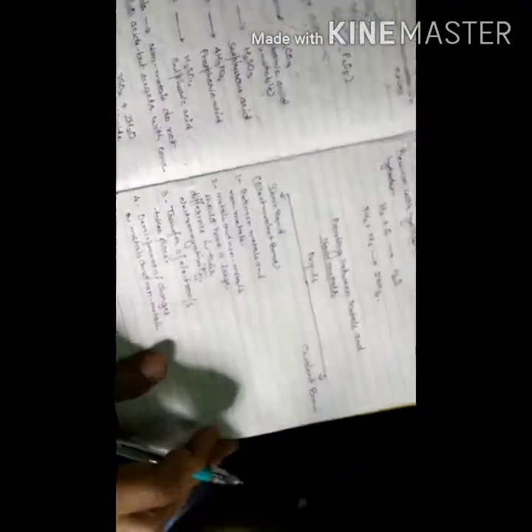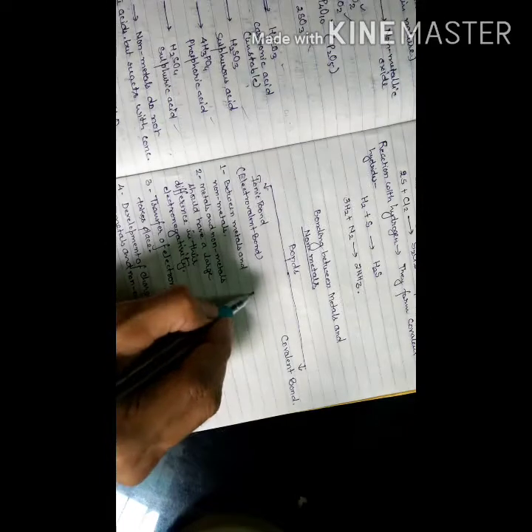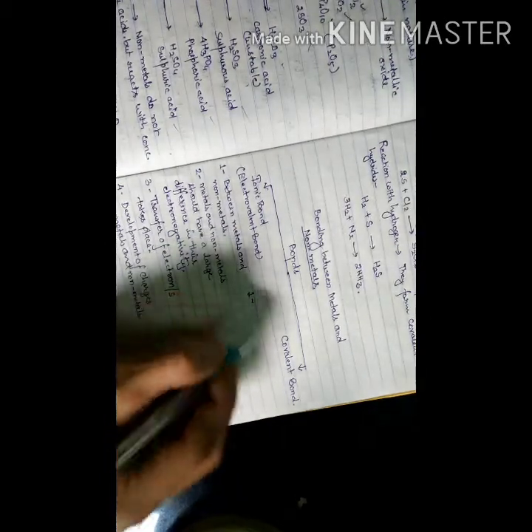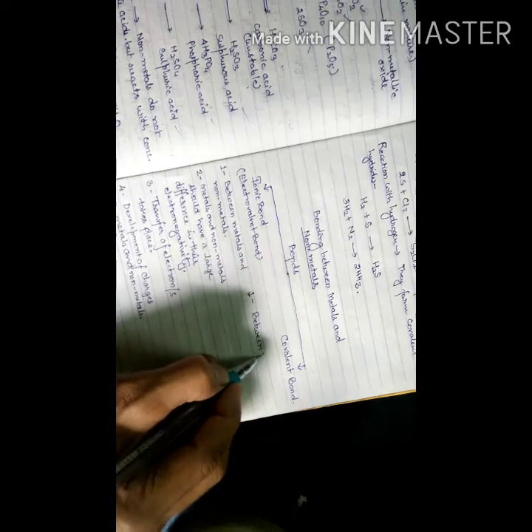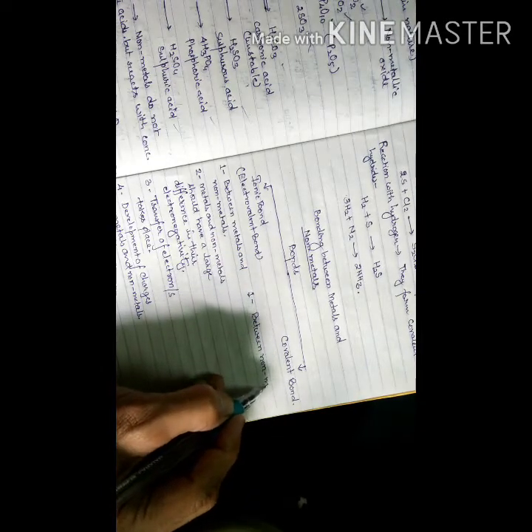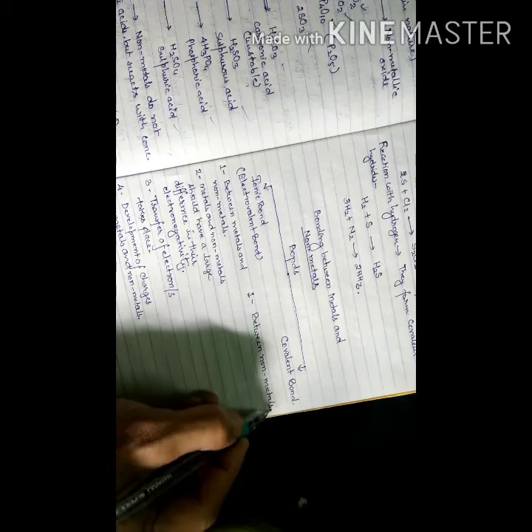On the other hand, in covalent, it takes place between non-metals.